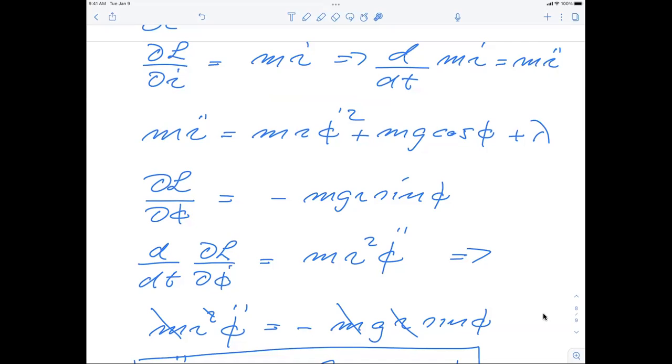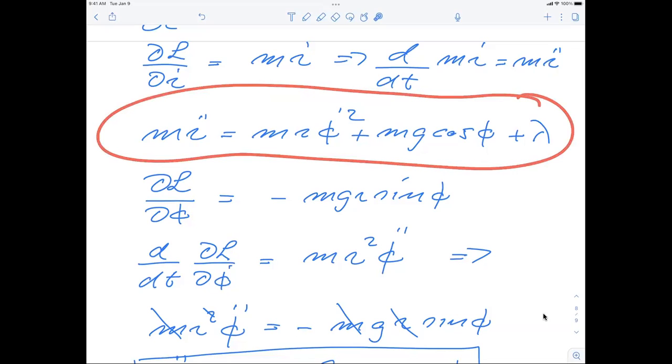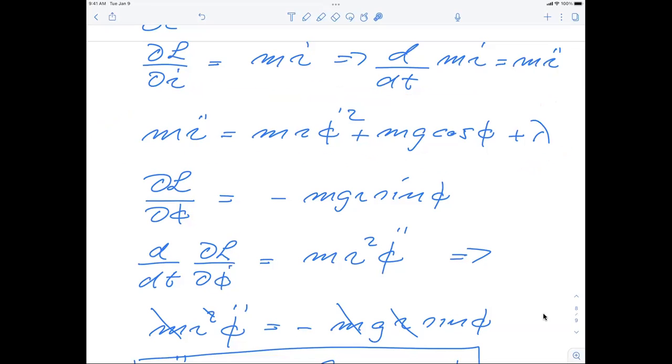So if we look at this specific equation, this is the radial acceleration, and r is a constant, it's equal to L. We have imposed that it cannot change with time, so the radial acceleration has to be equal to 0.